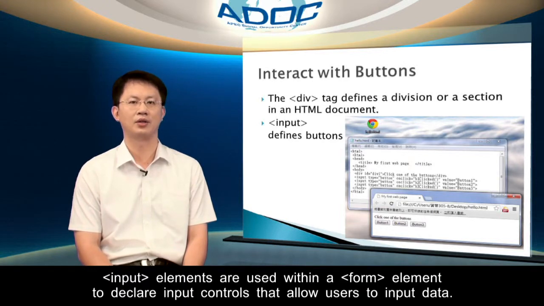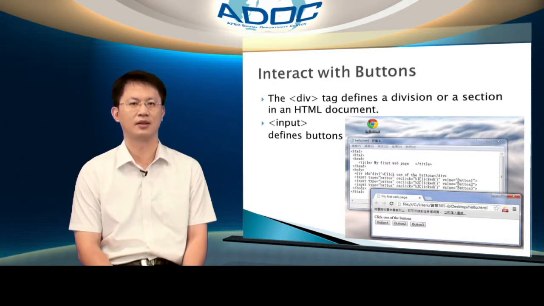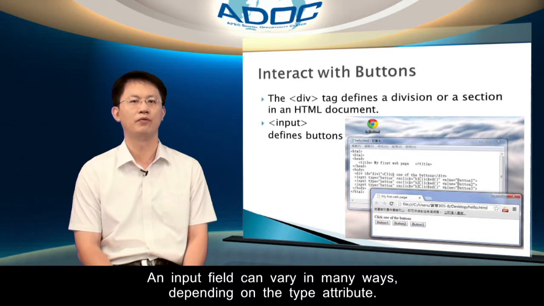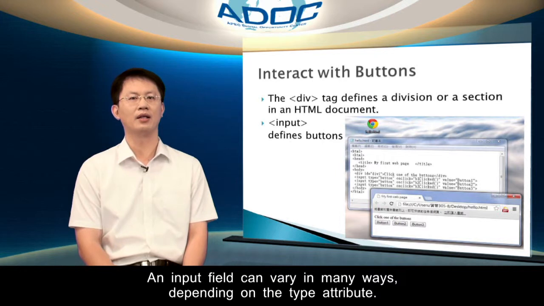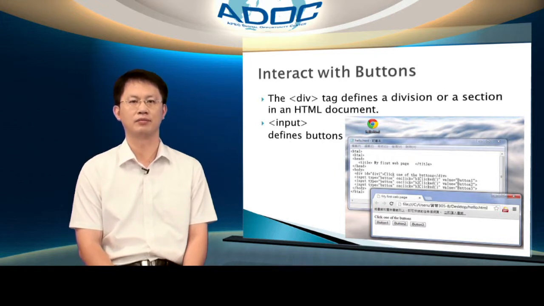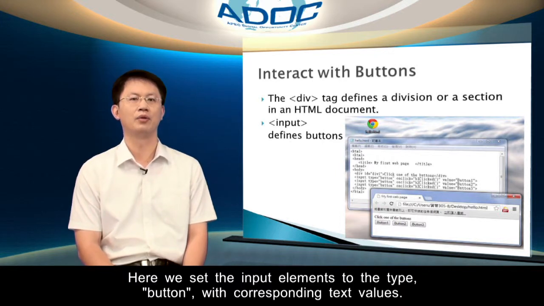Input elements are used within the form element to declare input controls that allow users to input data. An input field can vary in many ways, depending on the type attribute. Here we set the input elements to the type button with corresponding text values.